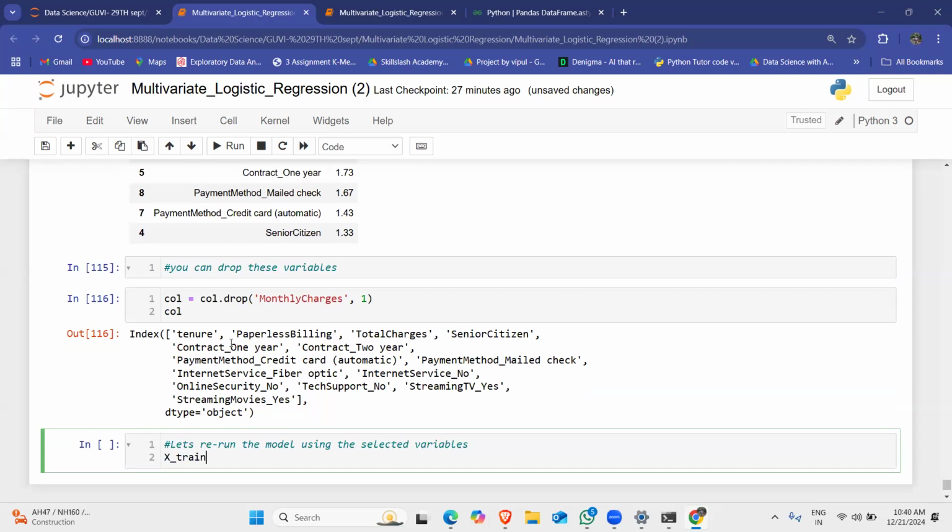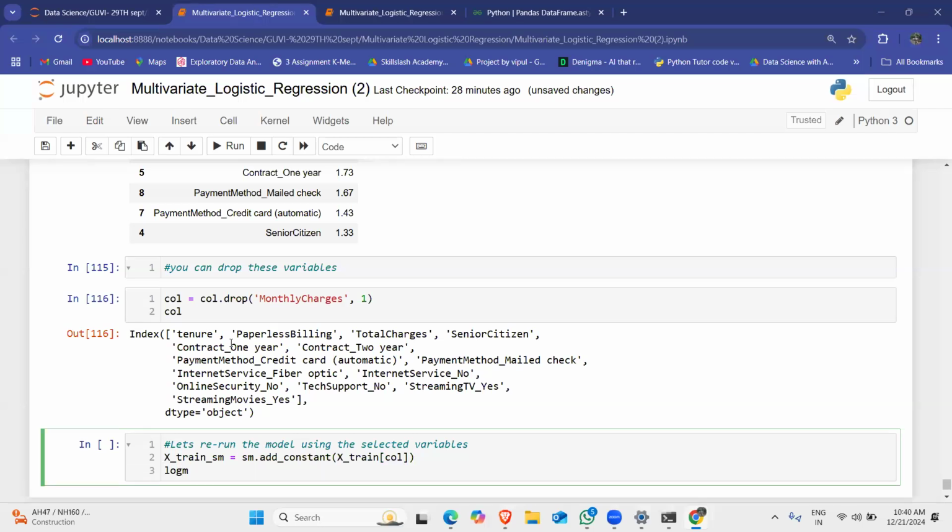I'll write X_train_sm equals sm.add_constant of X_train[col]. Now logistic regression model number 3.